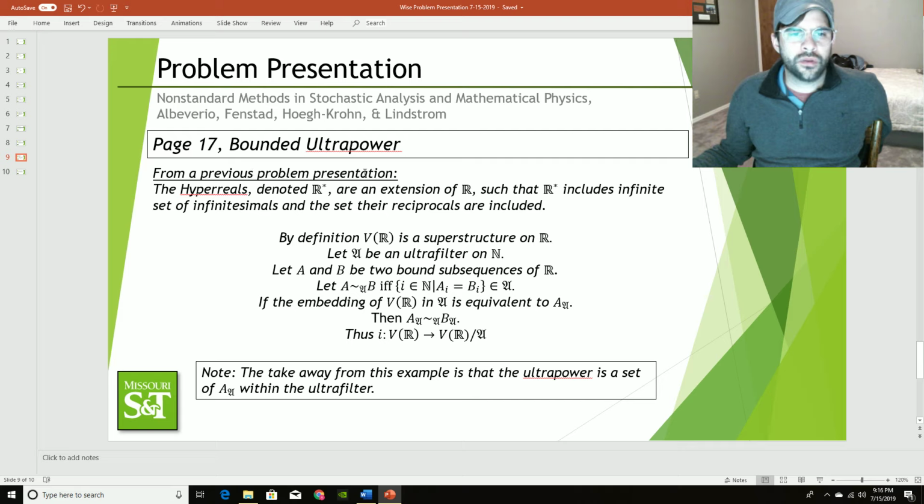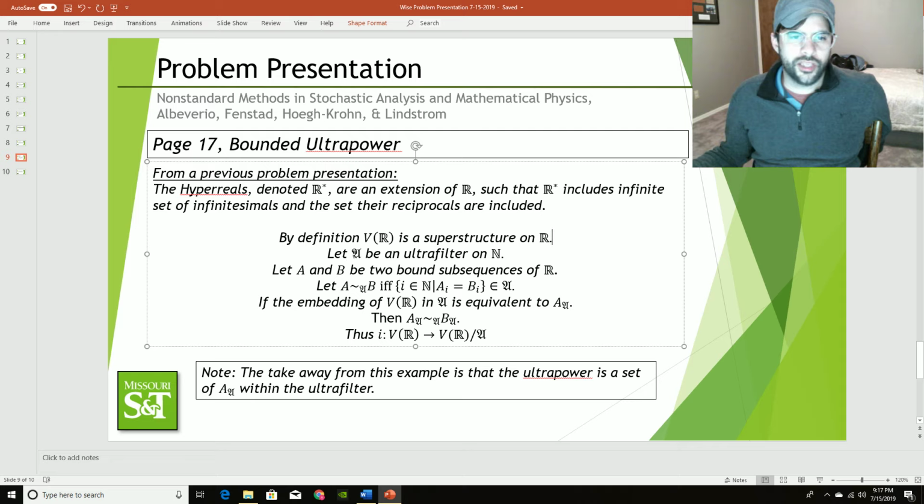So from a previous problem presentation, I presented the hyperreals, denoted by R star, our extension of R, such that R star includes the infinite set of infinitesimals and their reciprocals, which are hugely, infinitely large numbers, right? So by definition, this V of R is a superstructure on R. Basically what it does is it maps R over and over so that you have some space to work with.